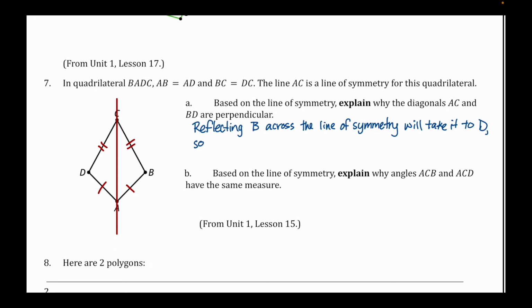So we can just say by definition, it's the perpendicular bisector. And we'll say it's the perpendicular bisector of BD.